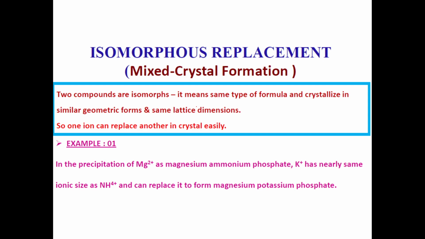For example, in the precipitation of magnesium Mg2+ as magnesium ammonium phosphate, potassium has nearly the same ionic size as NH4+ and can replace it to form magnesium potassium phosphate. So we need to produce A, but sometimes we cannot get 100% A because of the isomorphous replacement.